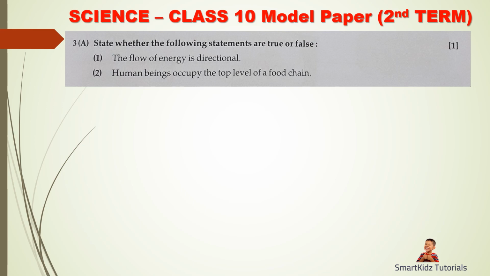It will always begin first with something like what you see on your screen: state whether the following statements are true or false, which will be for 1 mark. Then it will go to the next question, which will be 3B, for 2 marks, and 3C will be for 3 marks, and 3D will be for 4 marks.